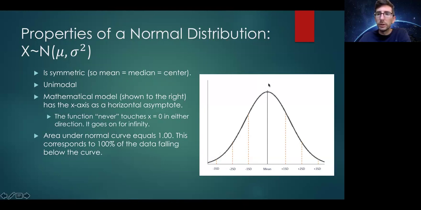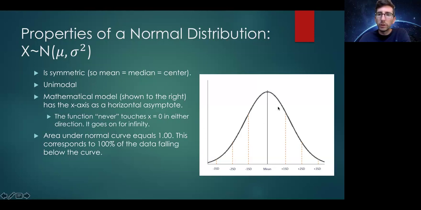So you would expect the median to be exactly at the halfway point of your data. So the mean is approximately equal to the median. It's not going to be exactly the same, but it'll be close. So we can assume our mean is at the center of our normal distribution.